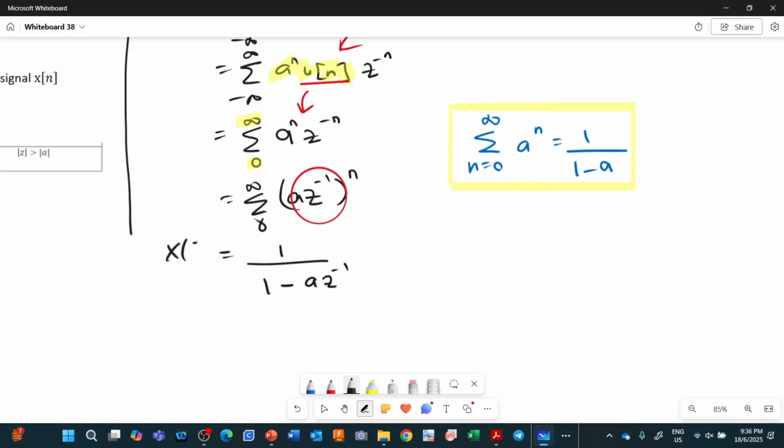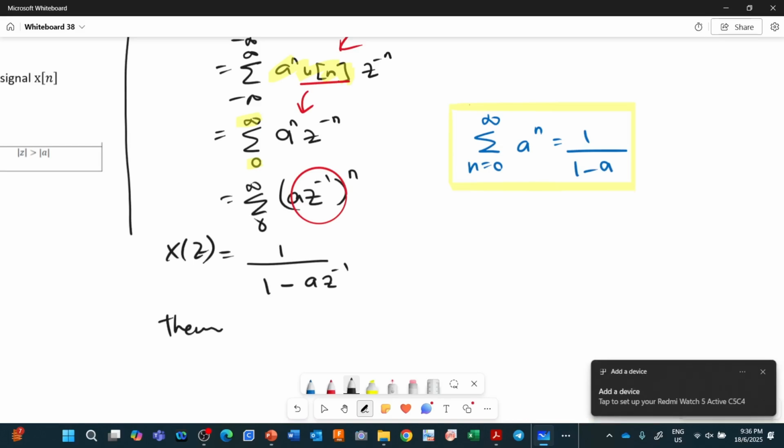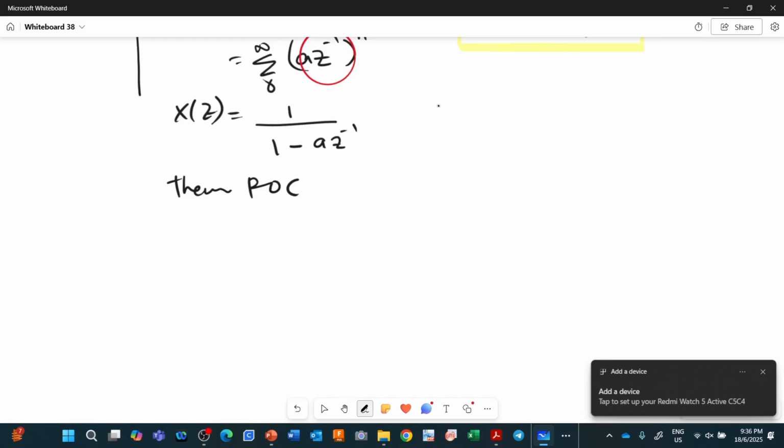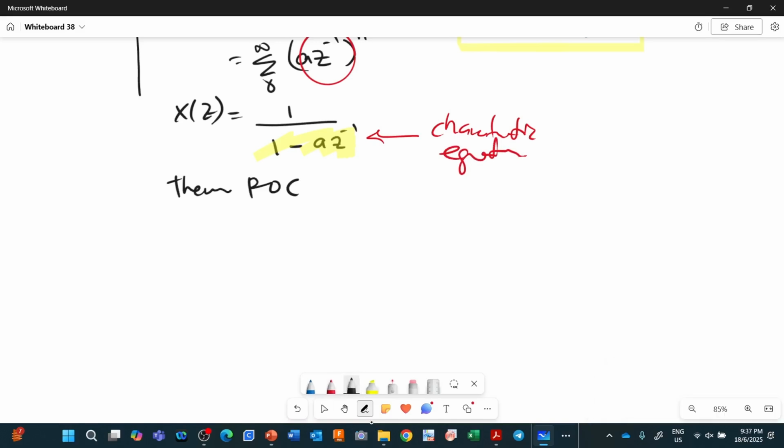So this is the exact transform. Therefore, the ROC can be written as what? We take the characteristic equation, this part. The characteristic equation less than 0: 1 minus a inverse z less than 0. Can follow?